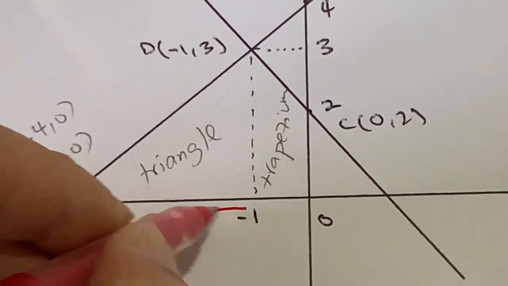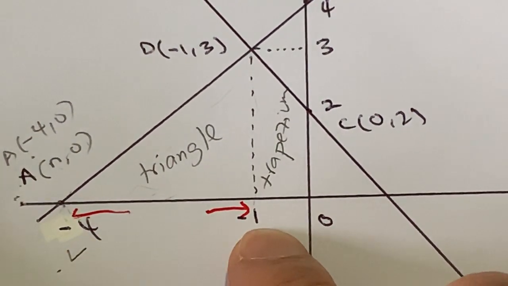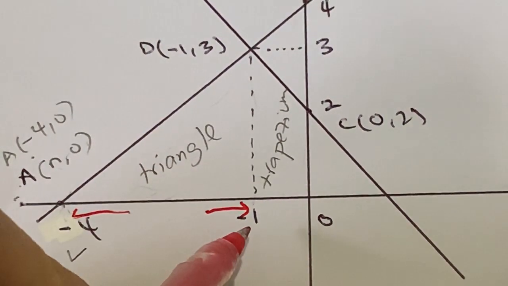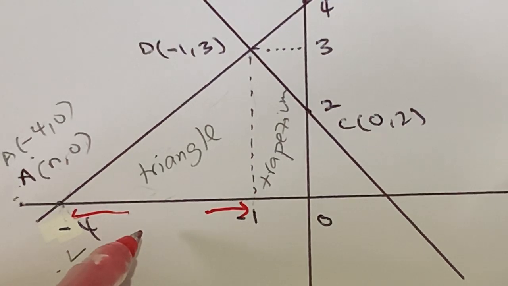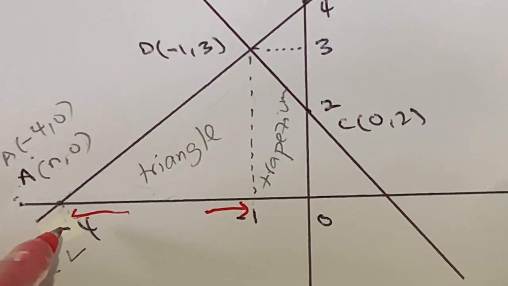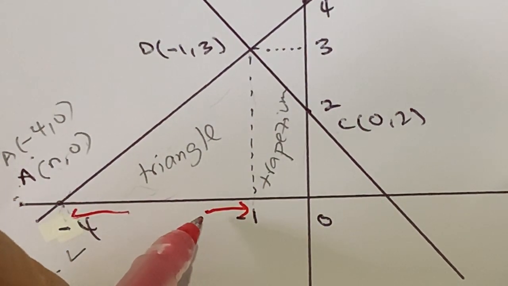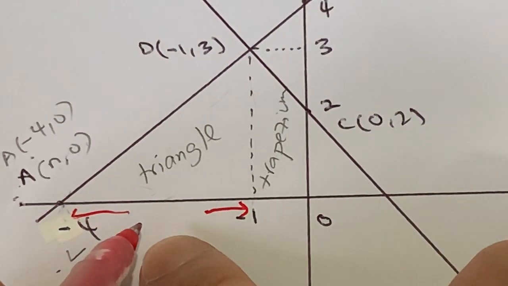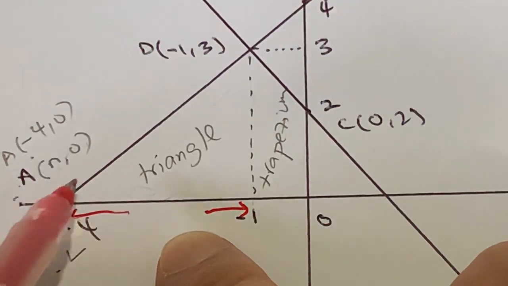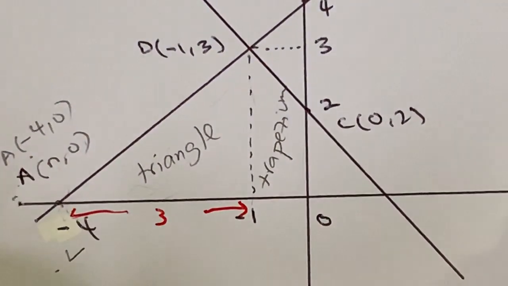Do you know what's the value of this base? From -4 to -1. So -1 to -2 will be 1 unit, -3 will be 2 units, -4 will be 3 units. One more time, -1 move to -2, that's 1 unit. -2 move to -3, that's another 1, so that's 2 units now. -3 move to -4, that's 3 units. So this distance is 3.